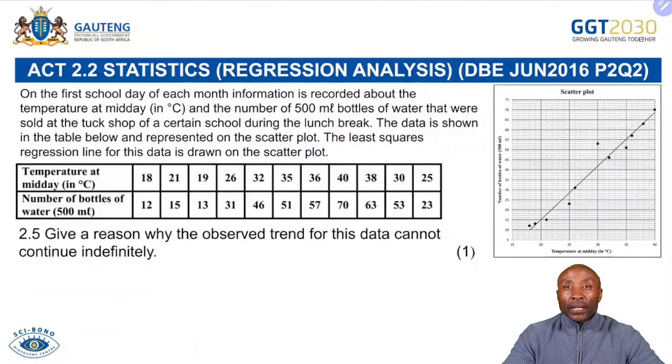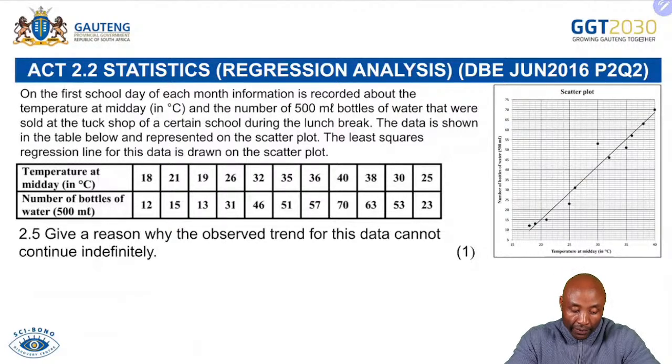So, temperature cannot increase beyond a certain value. Otherwise, there will be no one buying those water bottles, as our bodies can take only certain temperatures beyond which we cannot survive.